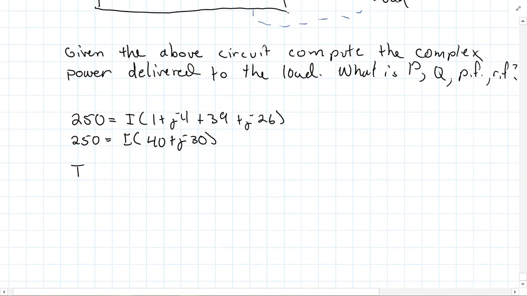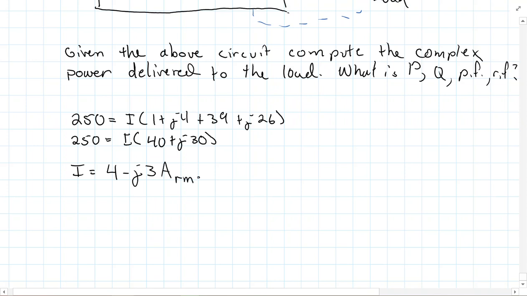And so I is equal to 250 divided by 40 plus J30. That should actually be a pretty nice number. And it is: 4 minus J3 amps.